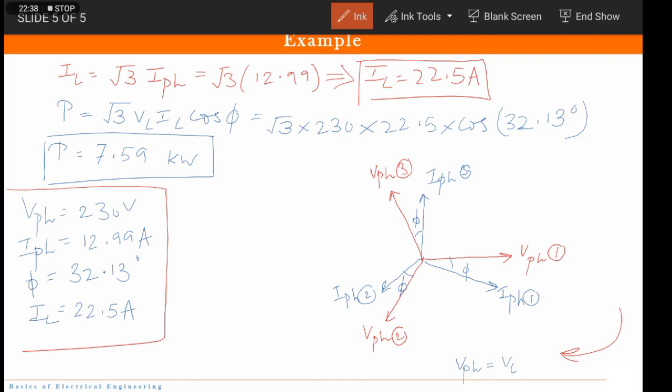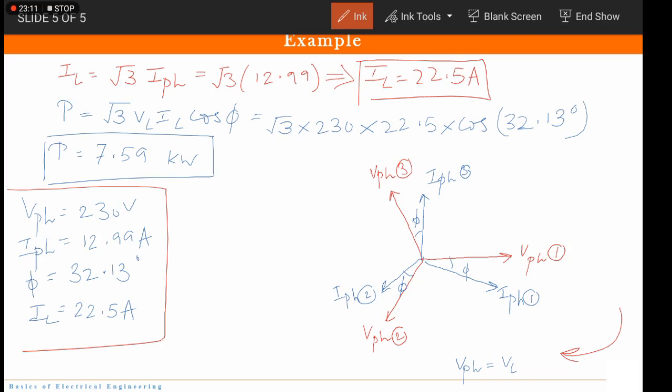So, in delta connection, what is the phase angle between line current and phase current? The line current lags phase current by 30 degrees. Okay, we have seen this. So line current lags phase current by 30 degrees.